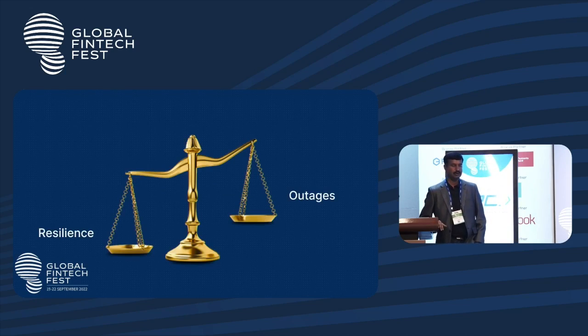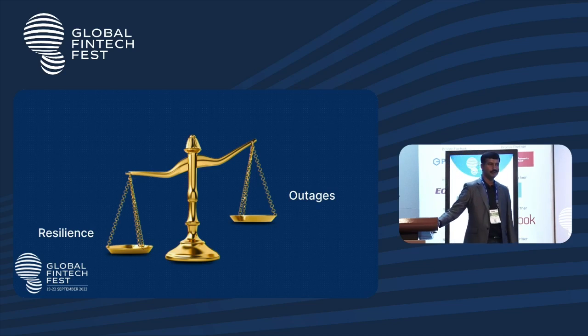One of the ways to talk about resilience is to relate it with outages: how many outages you are seeing in a business service. Generally, when something happens, people are not going to say that the service is not resilient. People are going to say that there's an outage, so things are not available. That's primarily how your business service is talked about.